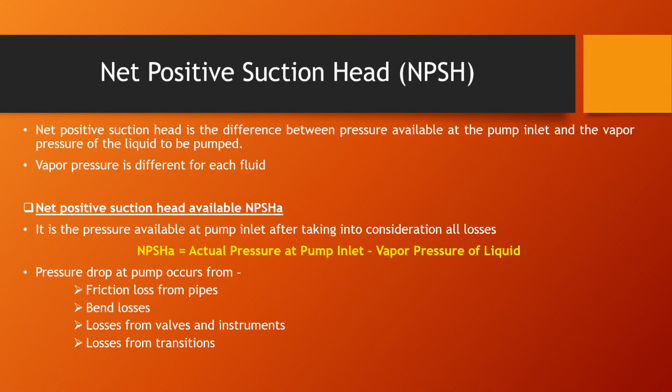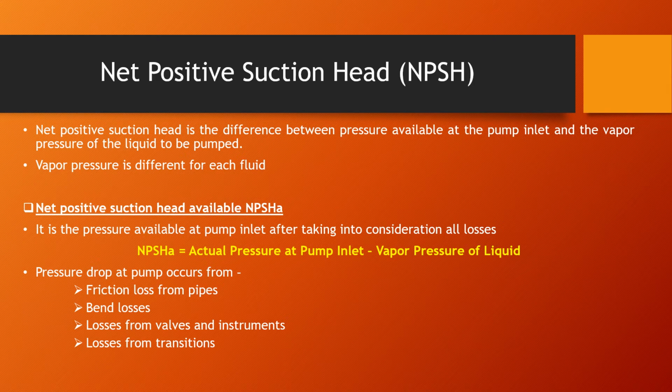Now, before the pump inlet, you'd have piping systems with vents, instruments, some sensors, some kinds of valves, some kinds of strainers. All of those result in some kind of losses.